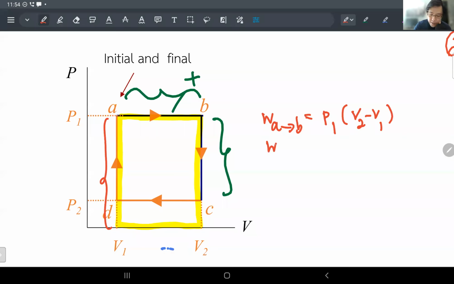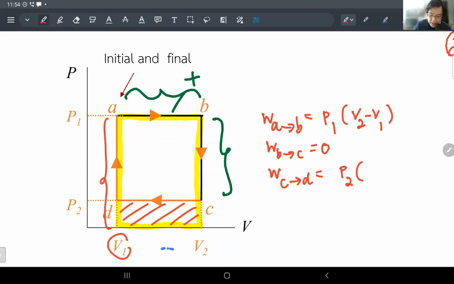So W from B to C is 0. Now W from C to D is the bottom part over here. If I do it perfectly, it's going to be P2, and then final minus initial is going to be V1 minus V2.